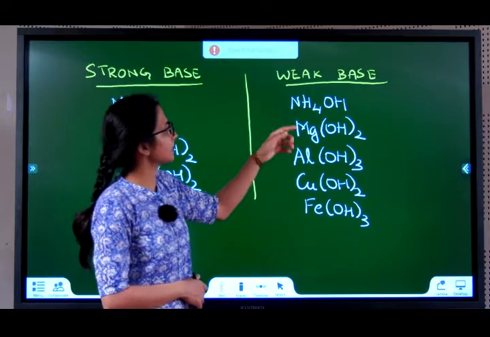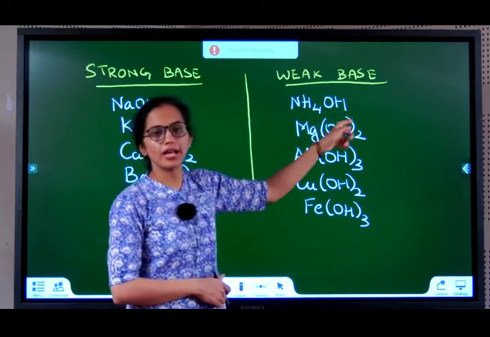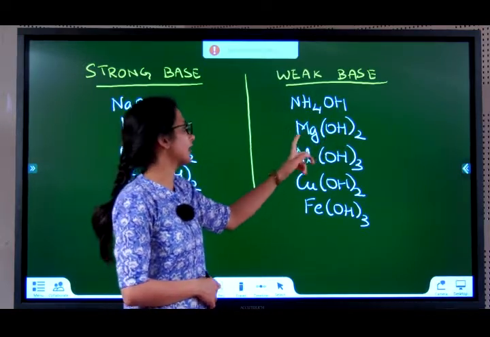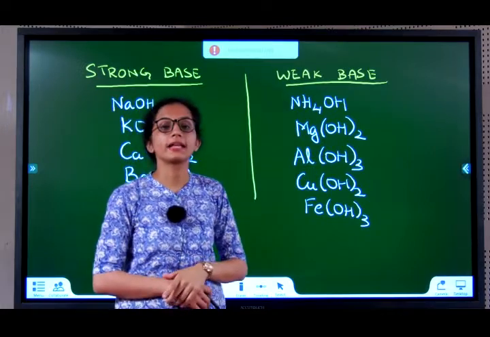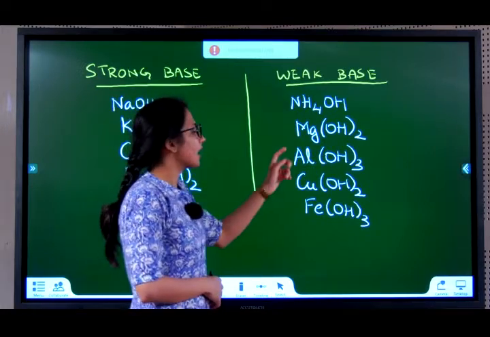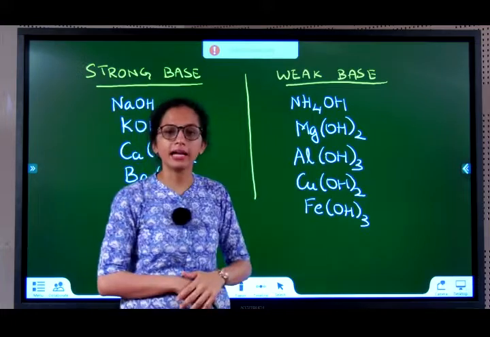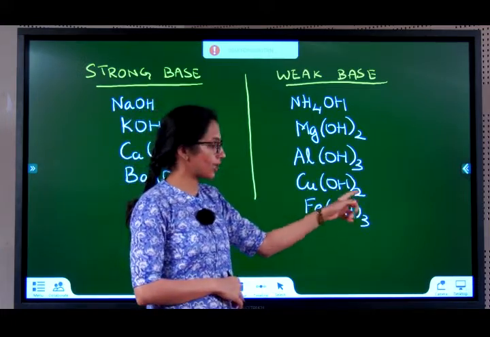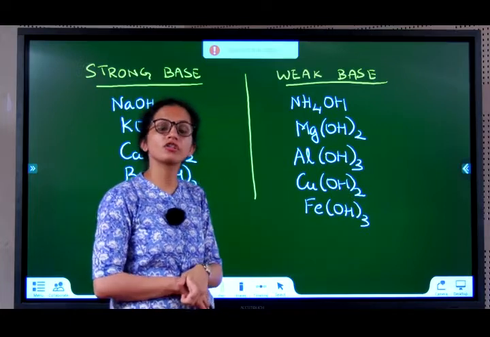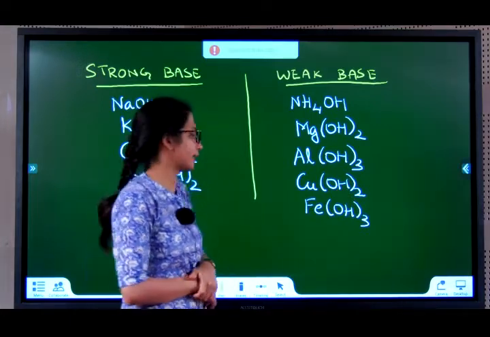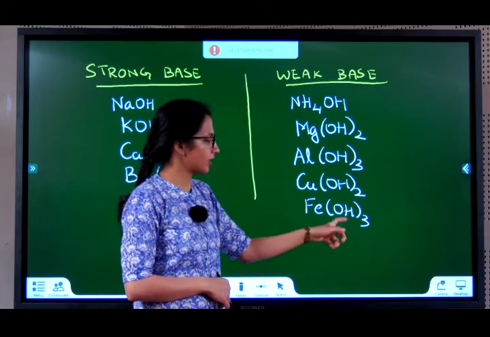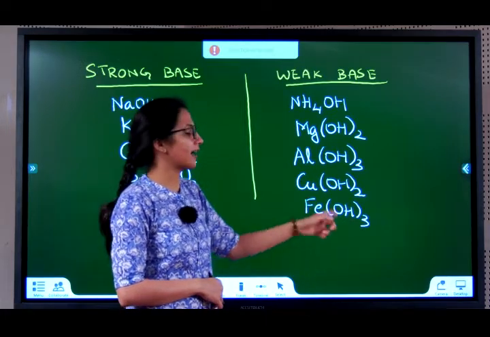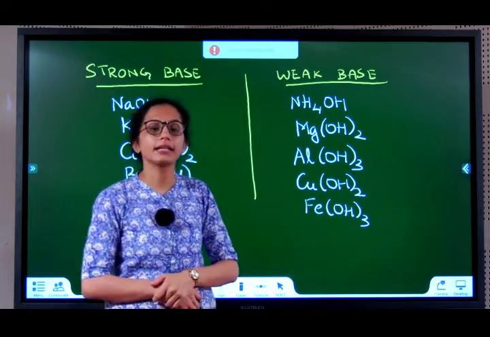Coming to weak bases: NH4OH, ammonium hydroxide, Mg(OH)2, magnesium hydroxide, Al(OH)3, aluminium hydroxide, Cu(OH)2, copper 2 hydroxide, also referred to as cupric hydroxide, Fe(OH)3, ferric hydroxide or iron 3 hydroxide.